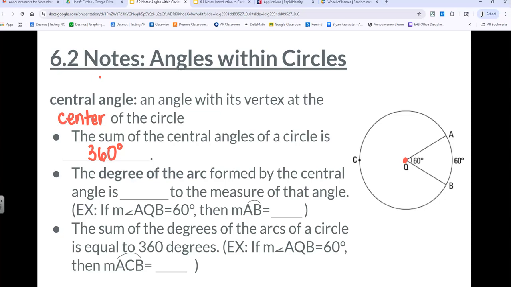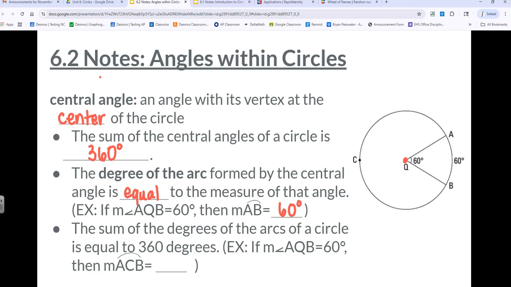Okay, important for us to remember. The degree of the arc formed by the central angle is equal to the measure of that angle. So, for example, over here in our picture, if the measure of angle AQB, this angle right here, is 60 degrees, then the measure of arc AB is 60 degrees.